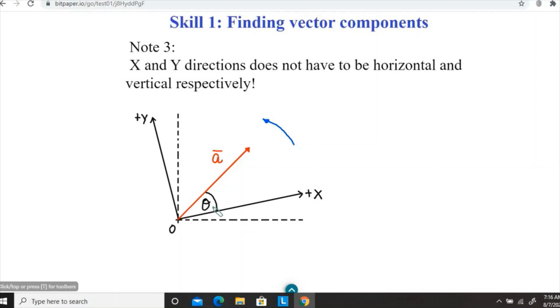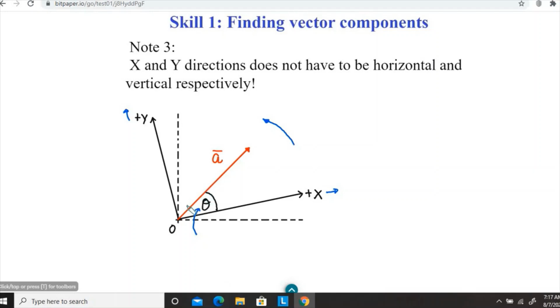But still you can identify the angle, you have a vector. So let's try to apply the steps that I told you in order to find the perpendicular vector components. So you can see the positive x-axis is over there, the positive y-axis is over there. Then you can identify the angle that is measured relative to the x-axis, and then you have the vector A.